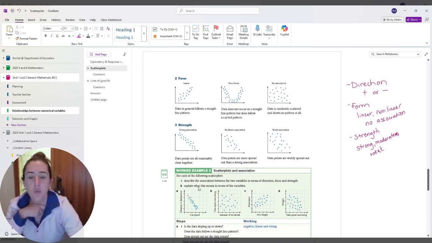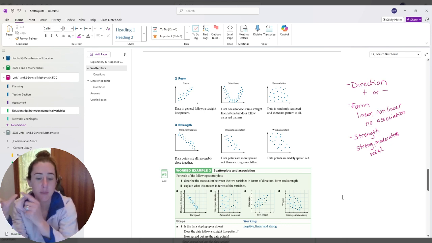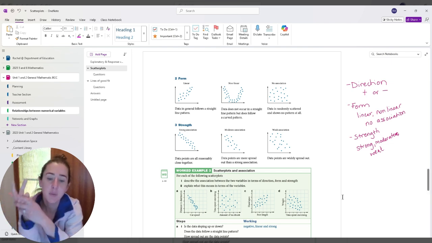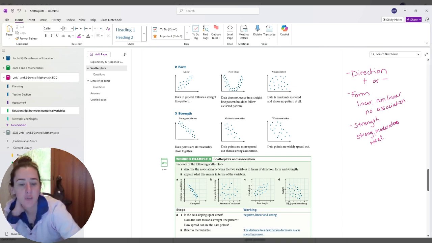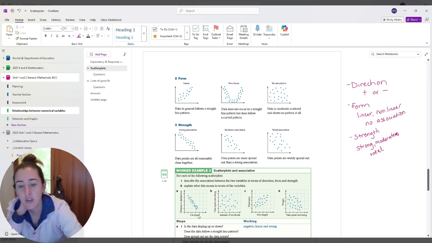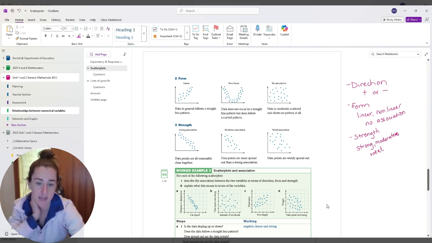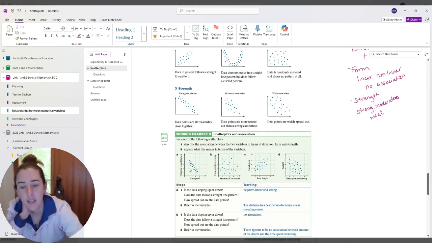So for each of the following, you need to describe the association between the 2 variables in terms of direction, form, and strength, and then explain what it means in terms of the variables. So we know what each of these variables is because it's labeled on the axis. So if we look at car speed versus distance to destination, we've got a negative relationship.